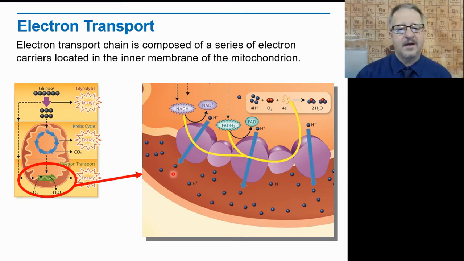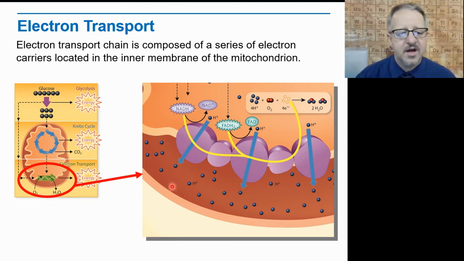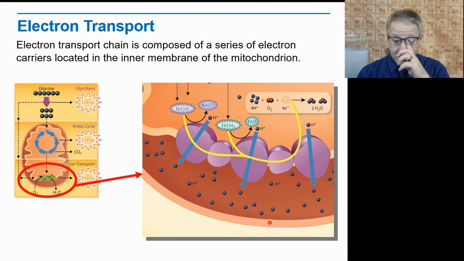Normally, it would go the other way, and we're going to find out that it does go the other way eventually. But these NADHs and the FADH2s provide the energy to basically force the hydrogen ions across that membrane into the space between the two membranes of the mitochondria. And so we get a large supply, a high concentration of hydrogen ions in between those membranes. That's going to become important a little later.